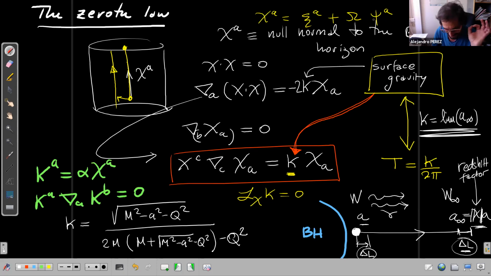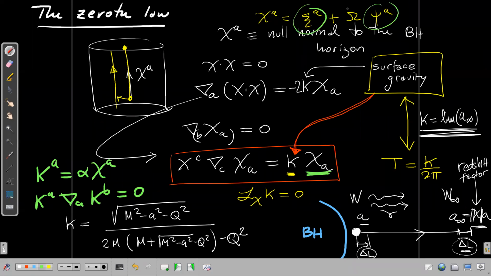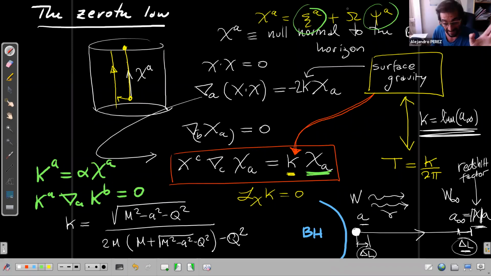So the surface gravity happens to be the deviation of the Killing generator. The generator of the horizon, which is not an arbitrary one, is written in terms of the isometries of the space-time. The deviation of that vector is a geodesic vector, but it's not an affinely parameterized one, and kappa, the surface gravity, measures that.